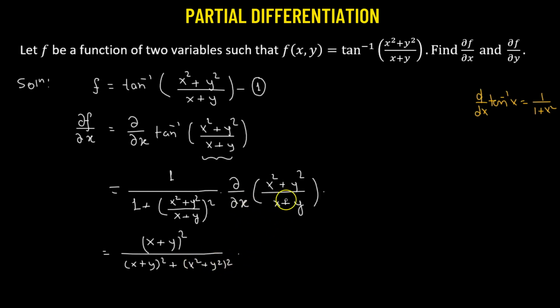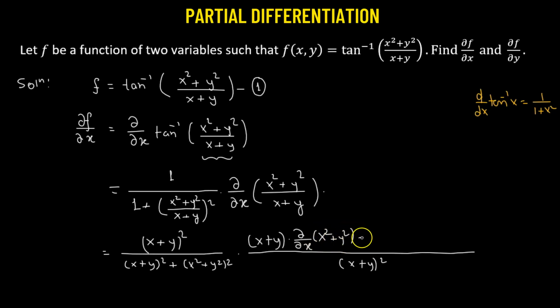So now we'll have to take the partial derivative of x squared plus y squared over x plus y using the quotient rule. So let's begin. Here we have in the denominator x plus y whole squared. Then in the numerator we'll have x plus y, the denominator, multiplied by the partial derivative with respect to x of the numerator, minus the numerator times the partial with respect to x of the denominator.